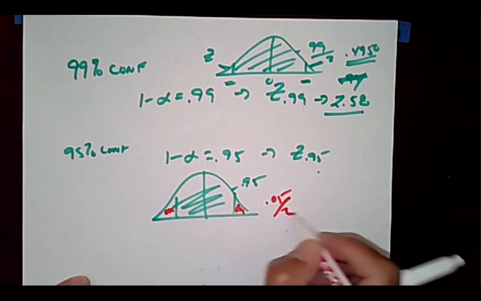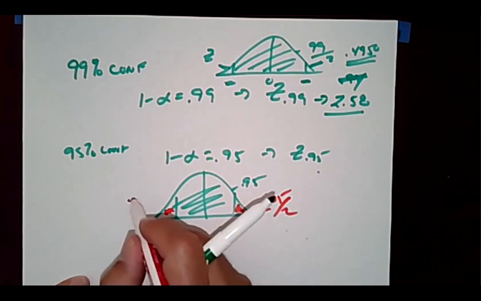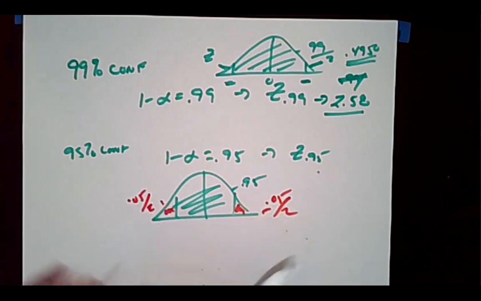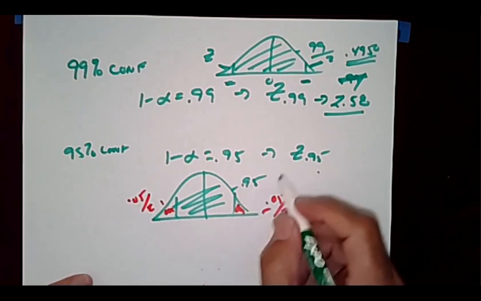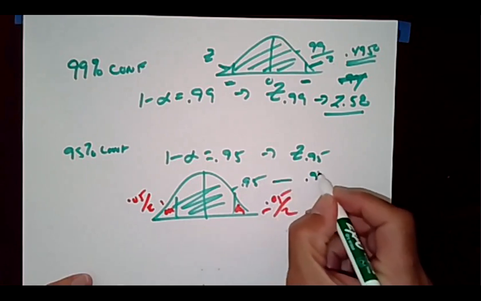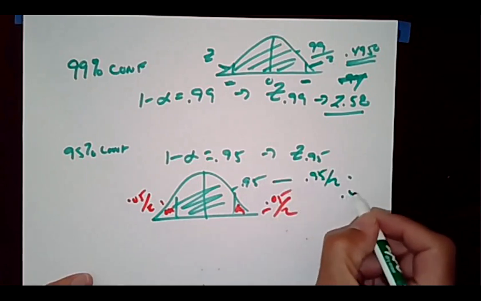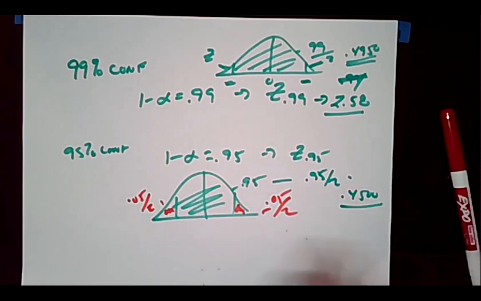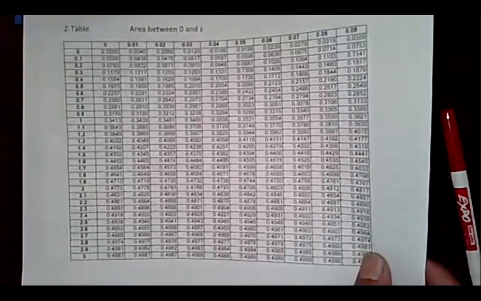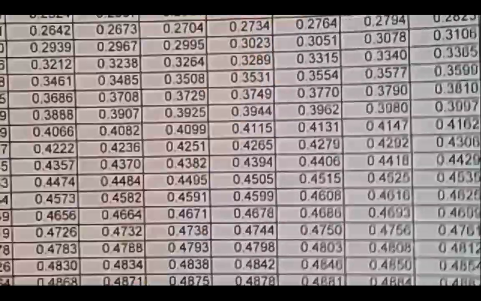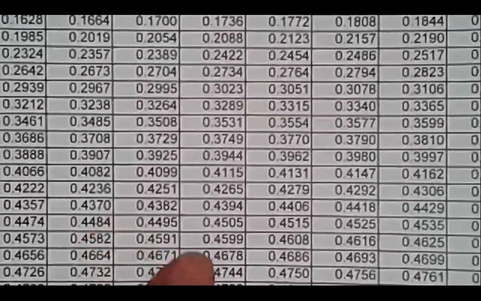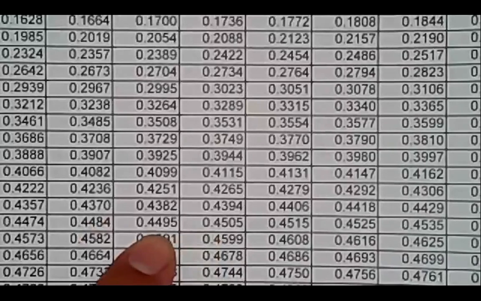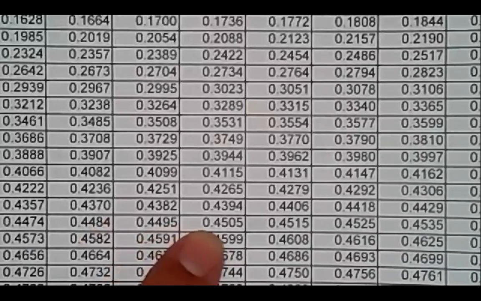Due to symmetry, it's 0.05 divided by 2 on each side. So 0.95 divided by 2 is 0.4500. Looking at my Z chart, 0.4500, oh, that's that special one.